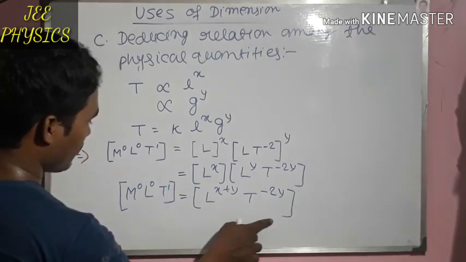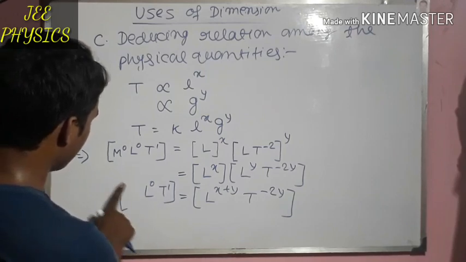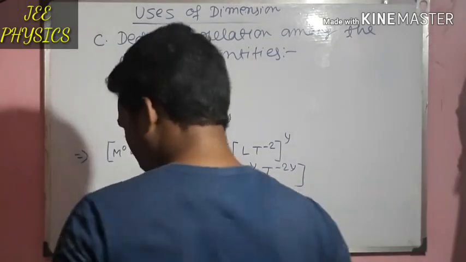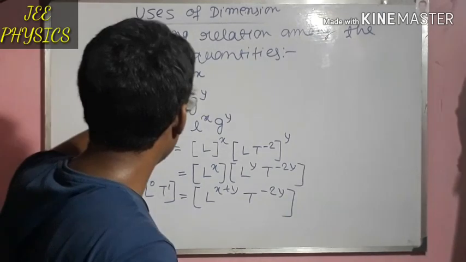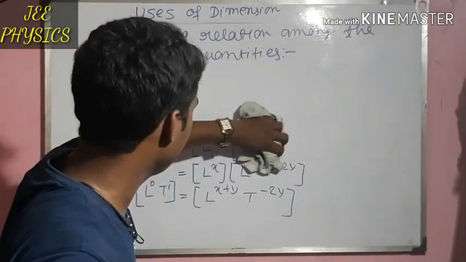In the right side we don't have mass, so we can omit mass from the left side also. Now compare. Both sides must have the same dimension according to the principle of homogeneity of dimensions in an equation.